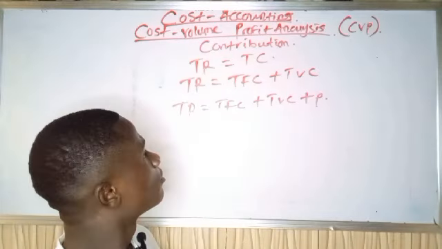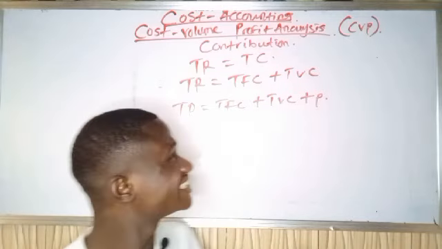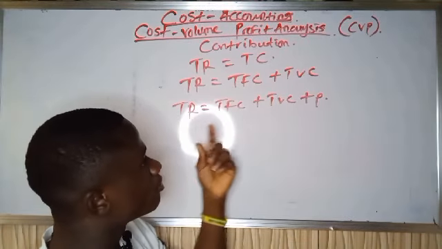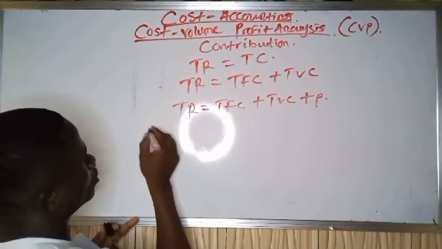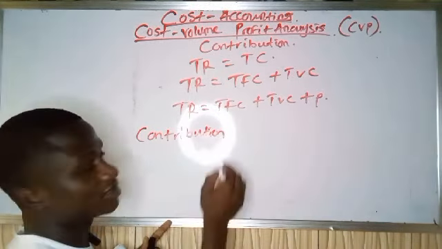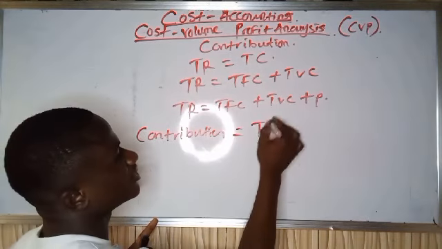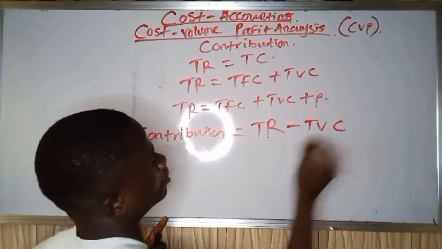So now, what do you mean by contribution? Contribution is simply your total revenue minus total variable costs. The formula for contribution is total revenue minus total variable costs.